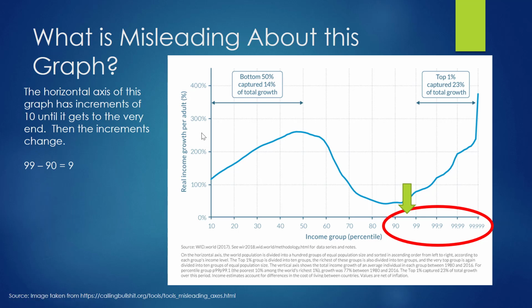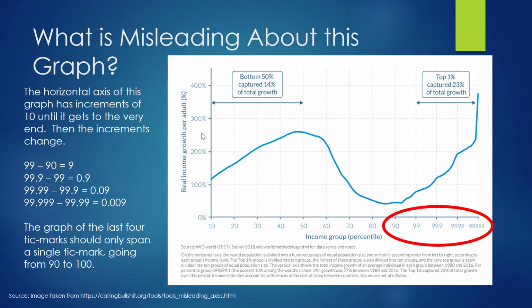First, it goes from 90 to 99, which is an increment of 9 units instead of 10, and then it goes from 99 to 99.9, which is an increment of only 0.9, and so on. Then the increment becomes 0.09 and 0.009. Clearly, these increments are not all the same.